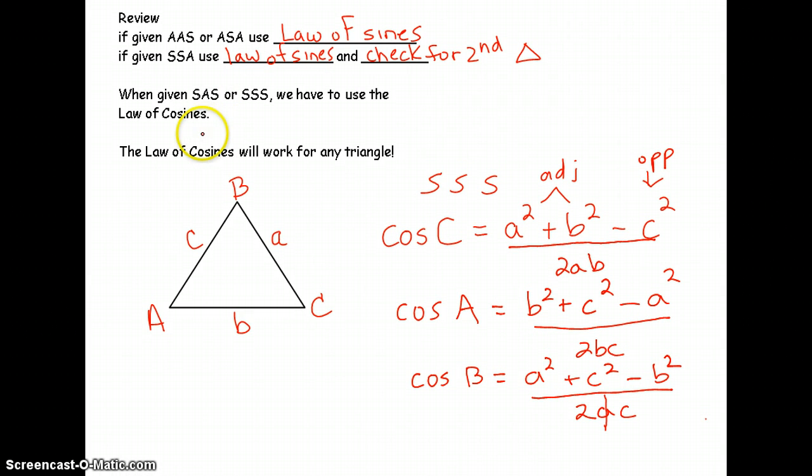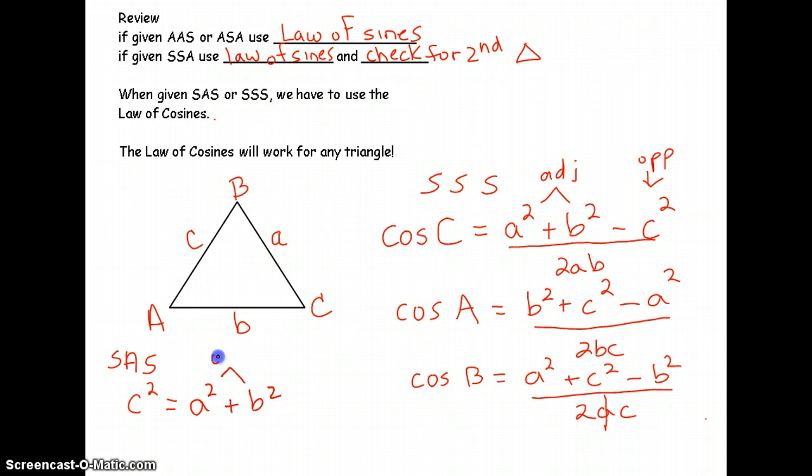Then the other case is when you're given side, angle, side. When you're given side, angle, side, you're trying to find another side. So if I wanted to find C, for example, you start off with C squared, and then you take the other two sides and you add them together, squared. So A squared plus B squared.